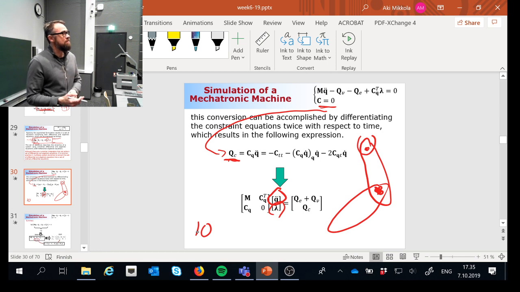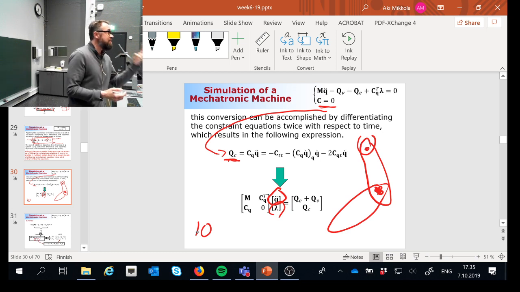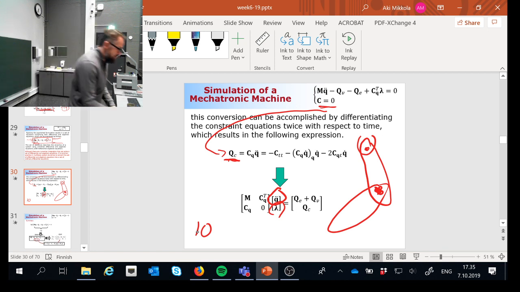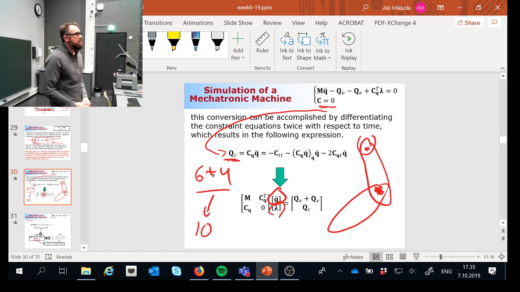How many generalized coordinates for each body? 3. That's that famous song. Remember that gangster rap which says everybody has to have 3. So that's 3 multiplied by 2, that's 6. How many constraints? 4. So that's 10. That's how it goes.